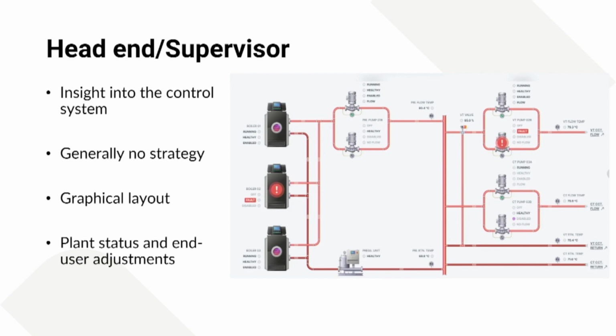And then the head end or supervisor gives you insight into the control system. There's generally no control strategy. It's a graphical layout of the mechanical system with sensors, plant statuses, and end user adjustments.